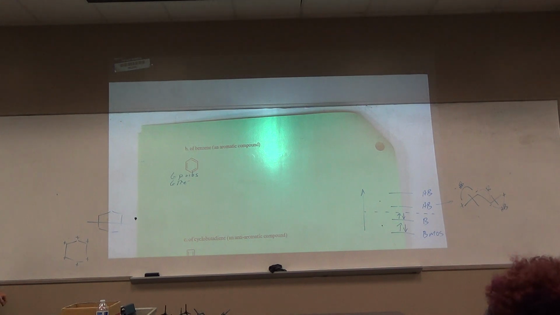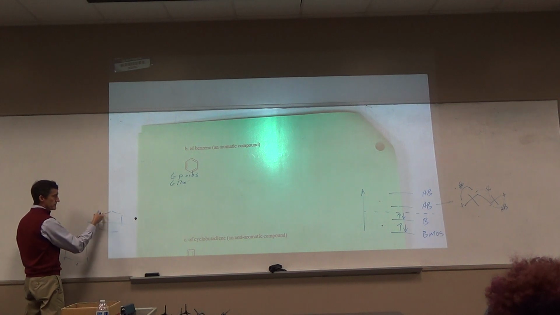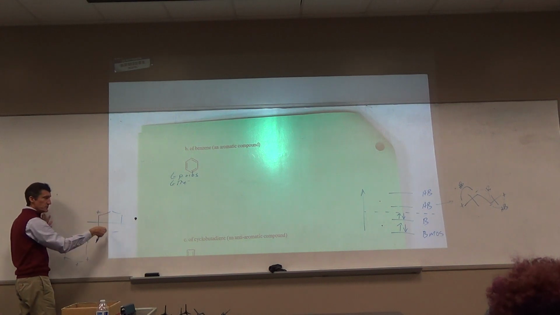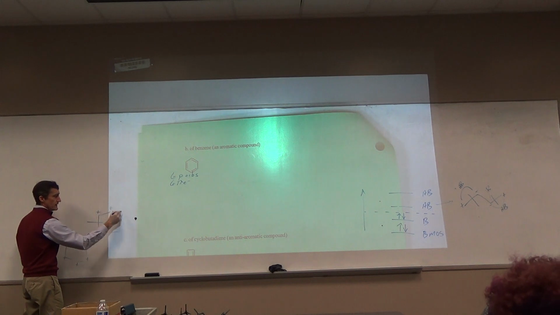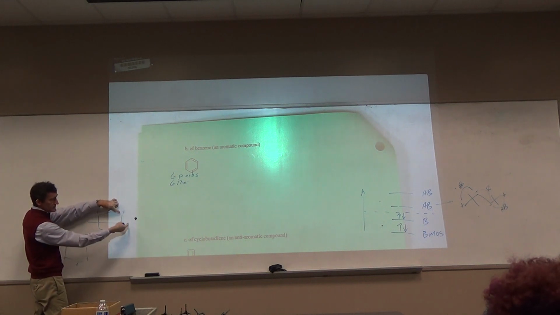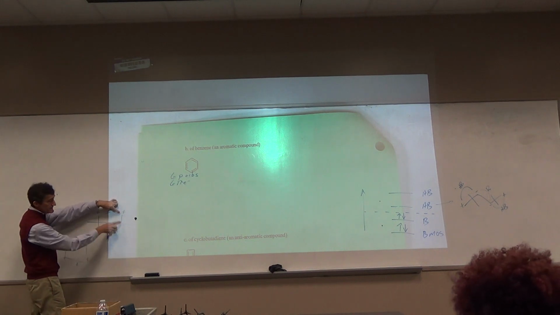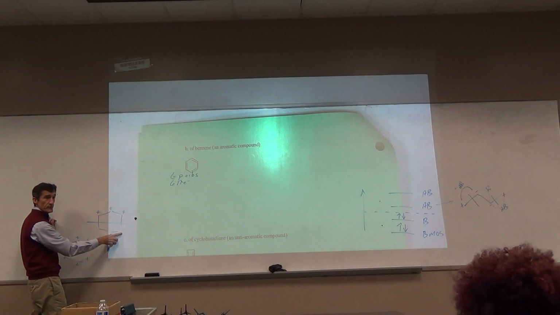I draw one right there. If this is plus, what is this? There's no line between them, so there's overlap there, all of them are plus. But here we have a line between the two. That means there's no electron density, no constructive overlap. That means this has to be negative, a different phase.